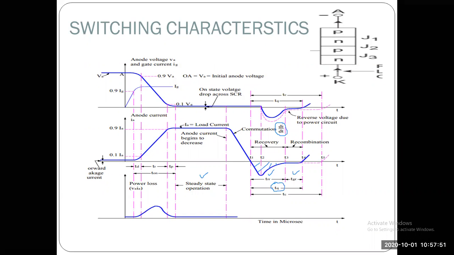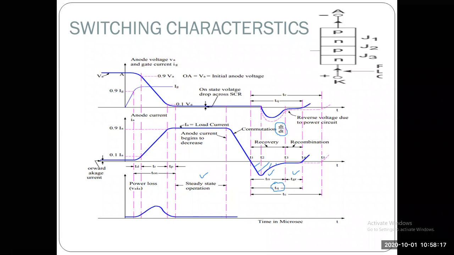Excess charges stored in the outer layers vanish during the recovery time. During recovery time, all the excess charges vanish.